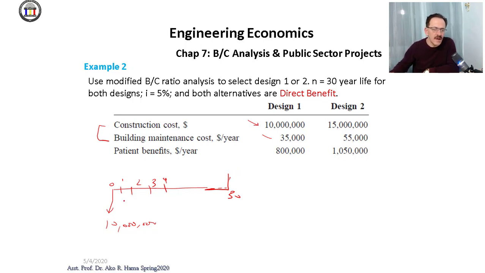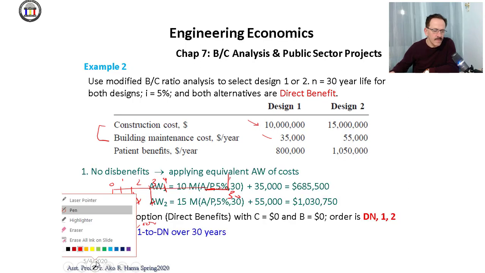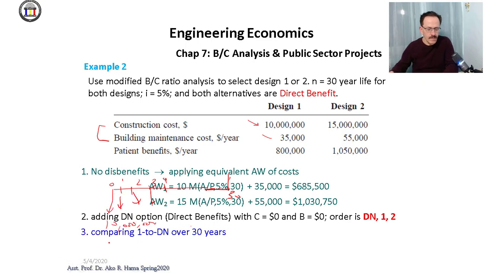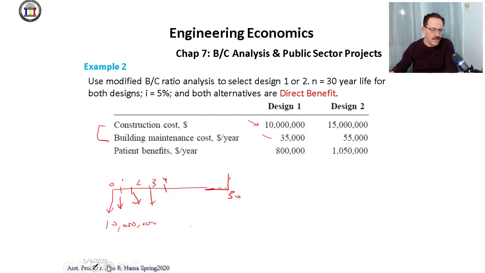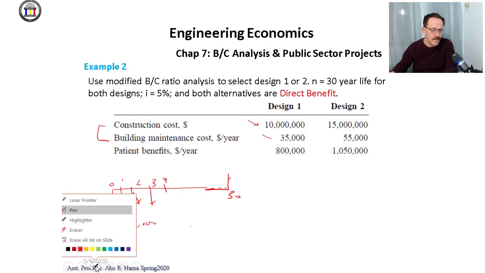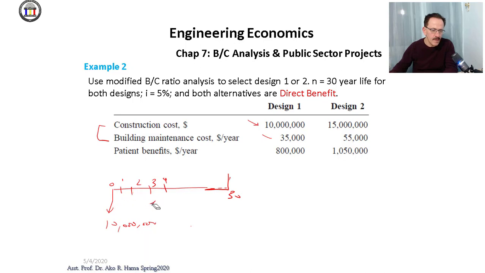Every year we have to pay maintenance and operation cost of $35,000 per year, and this is till the end of the project.